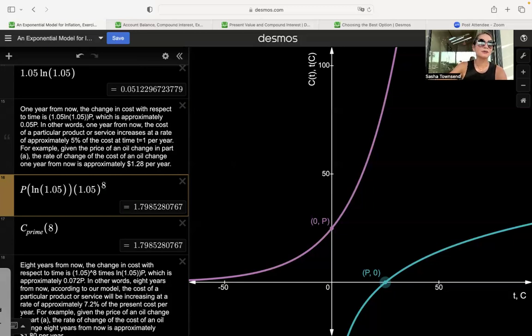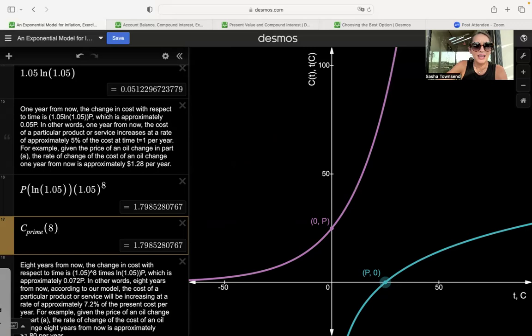And so every year you're multiplying by an extra 1.05, which gives you the original price plus that 0.05, that extra 5%. So the price is increasing 5% a year, and we just keep multiplying by this 1.05 each year, and that tells us how the price is changing.